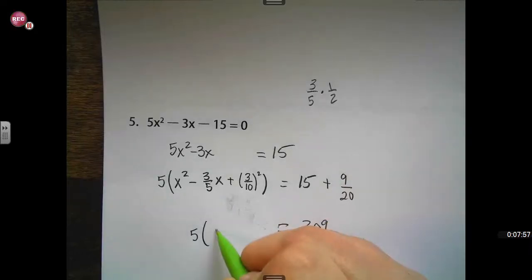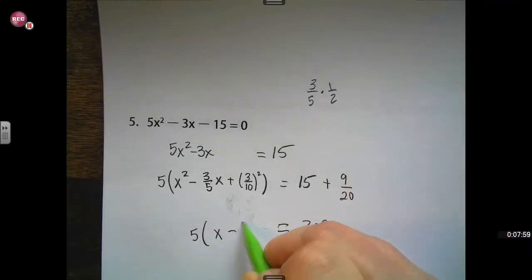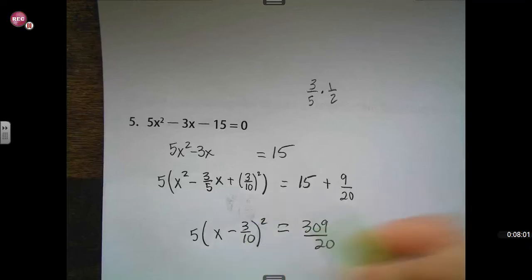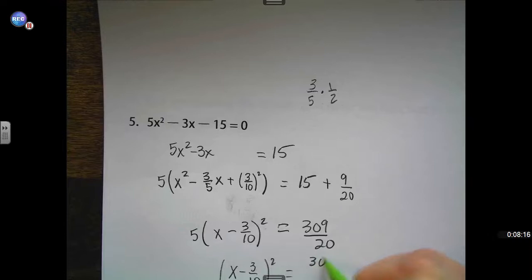This is going to factor to x minus 3/10 quantity squared. I would divide both sides by 5, which means I'm going to have x minus 3/10 quantity squared equals 309 over 100.